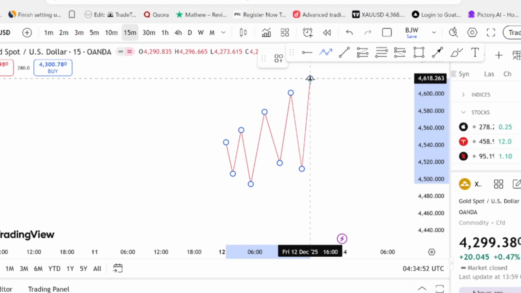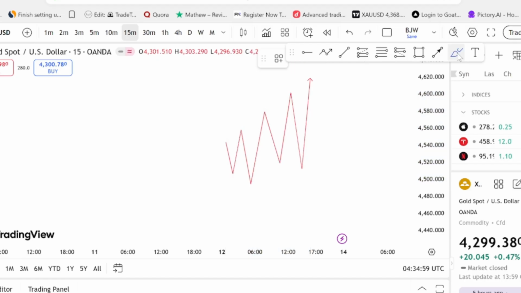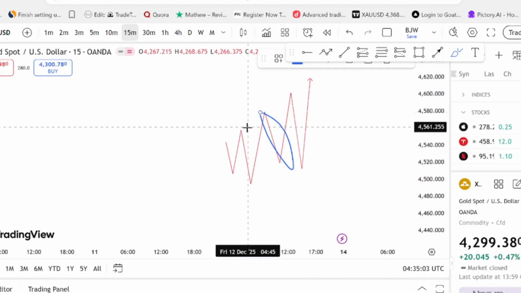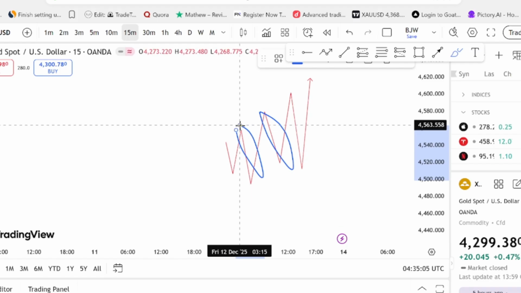And then the reversals inside these particular zones tend to be your transactional liquidity. This reversal you see right here is your transactional liquidity.